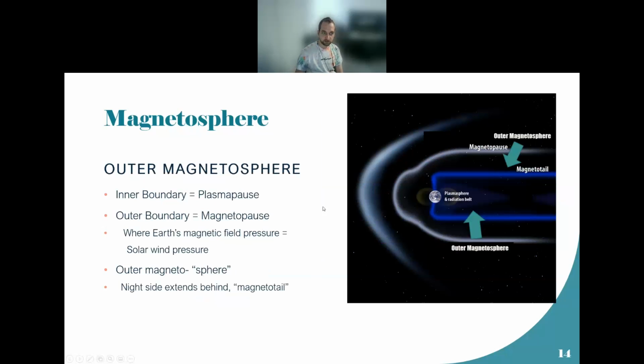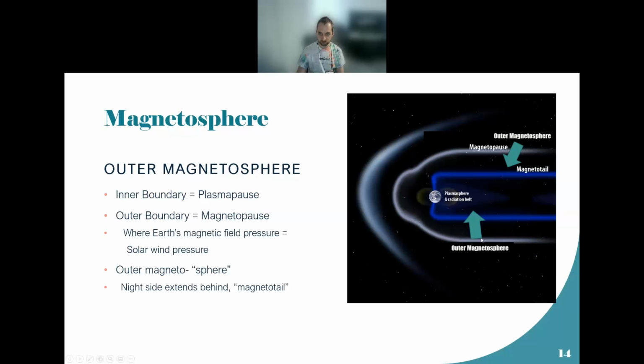The outer magnetosphere is in between this plasma pause and the outer boundary, which is called the magnetopause. And what's physically important about the magnetopause is that's where these pressures balance. There's a pressure of the magnetic field of Earth coming from inside, and there's a pressure from the solar wind on the outside. And where those two balance, that's called the magnetopause.